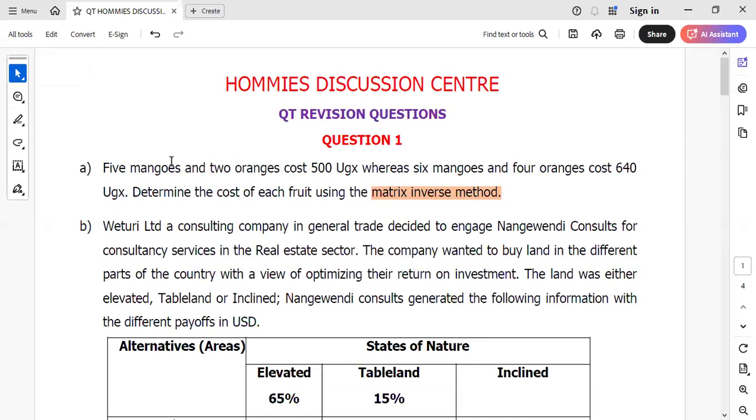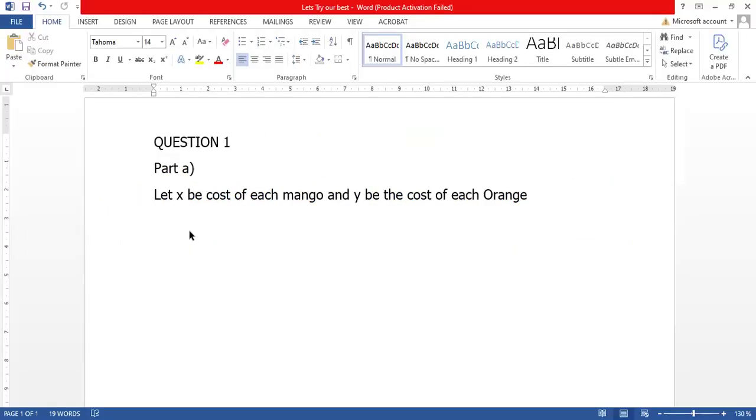When you aggregate, when you sum up, you must get the cost. So it will be 5x plus 2y, is equal to 500.